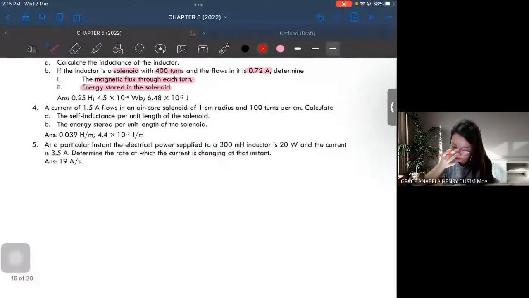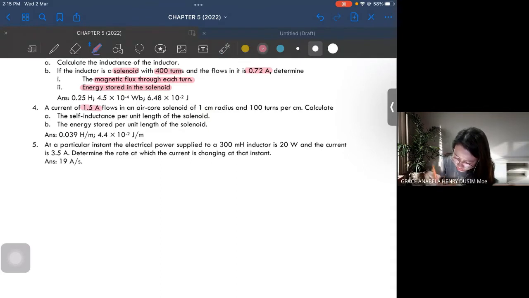Okay, question 4. Now a current of 1.5 ampere flows in a solenoid of 1 centimeter radius and 100 turns per centimeter.